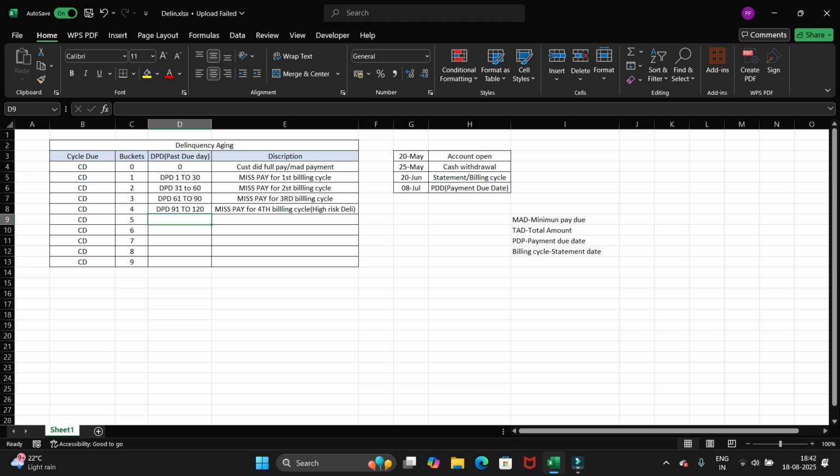Then we have the next DPD bucket from 121 to 150, that is severe delinquency. The next bucket is from 151 to 180.